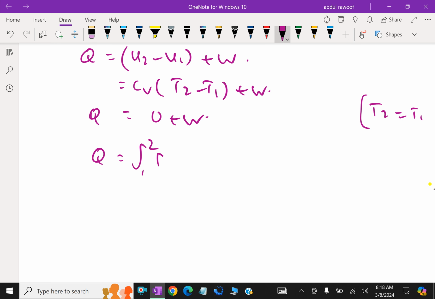Therefore, Q equals P1 V1 log e of P1 by P2. This is the expression for the constant temperature process.